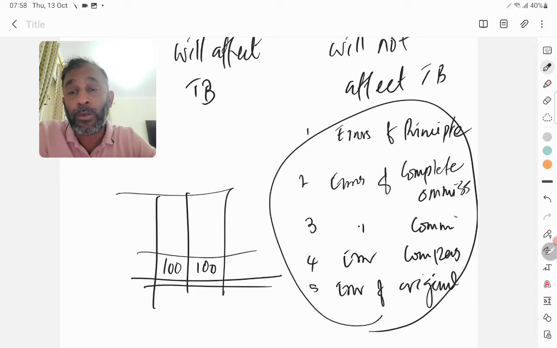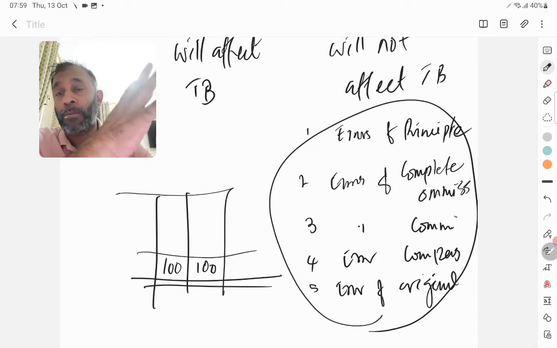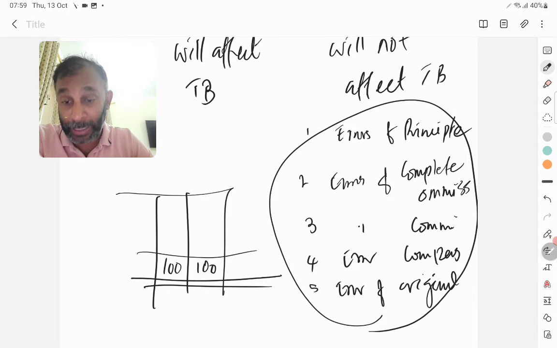Third one, errors of commission, which is when you are treating a given transaction in the wrong type of account, your classification mistakes. So that is errors of commission. And then errors of compensation: you make two mistakes, one on the positive side and the other on the negative side, but of equal amount, so they nullify each other and will not reflect in your trial balance.